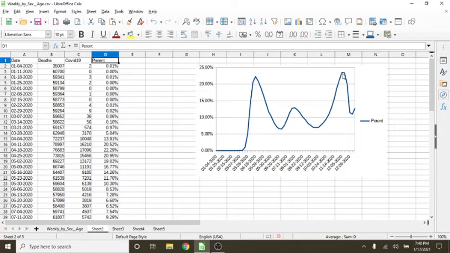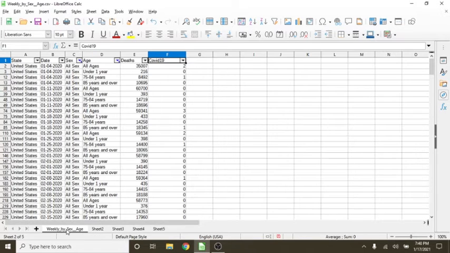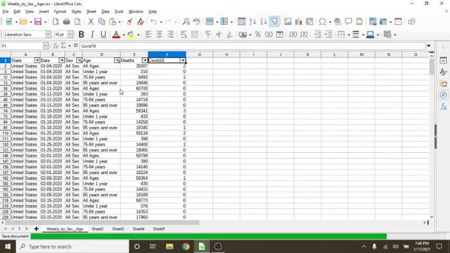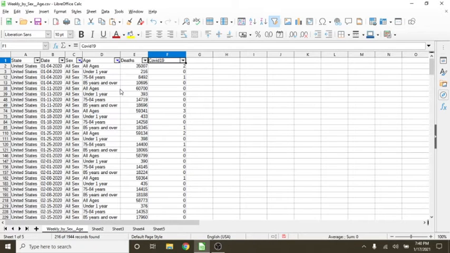we could, now we come back over here, and we could say, let's say, we could look at this by sex. We could say, well, all ages, but only females.